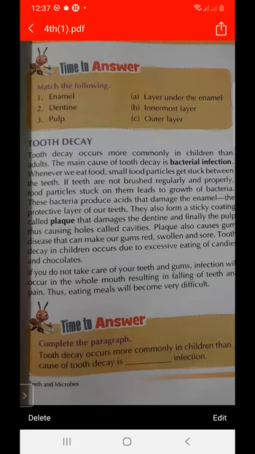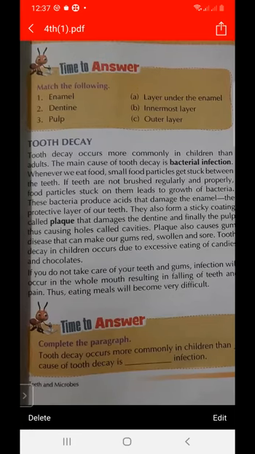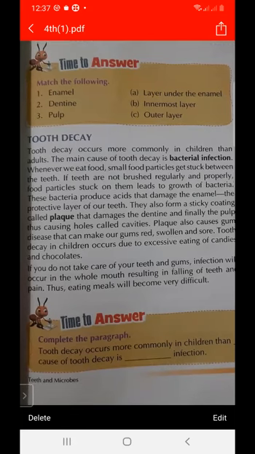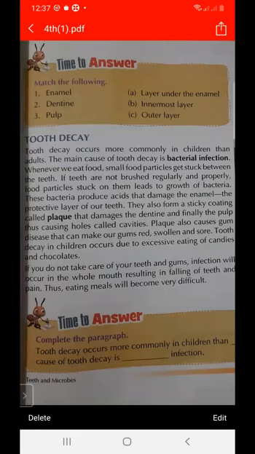So the main cause of tooth decay is bacterial infection.